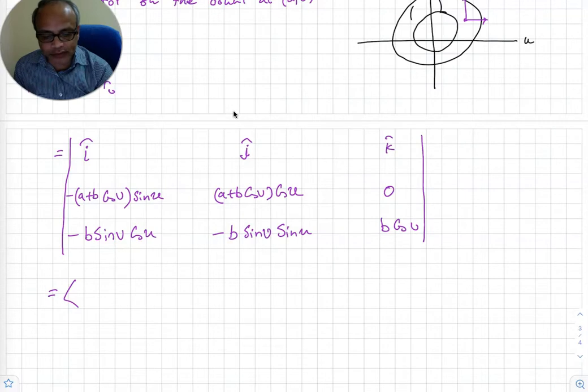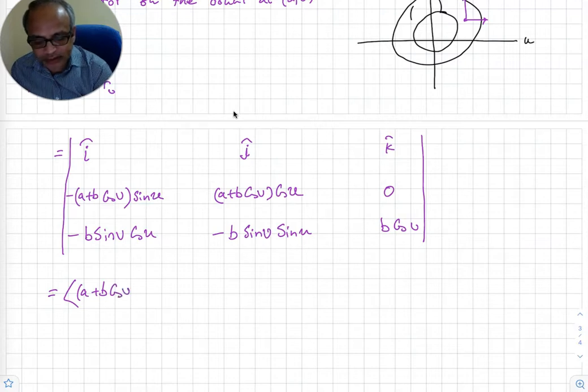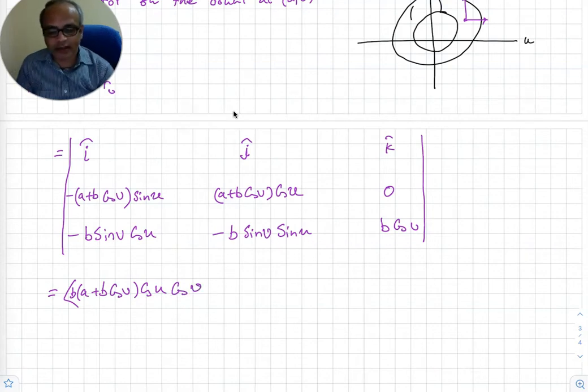So the first component will be, you look at this cofactor here, that will be a plus b cos v cos u, and minus 0. For the second component, for Cramer's rule, we get a minus sign. Let's just put a minus instead of minus 1.